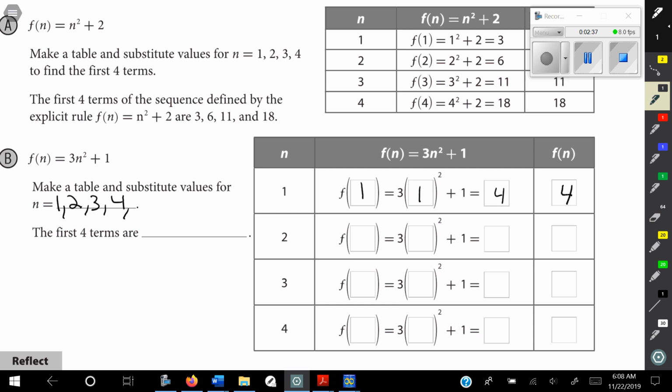All right, next we're going to plug in 2. So 2 squared is 4, and then 4 times 3 is 12, and 12 plus 1 is 13. So for the second term, we get 13.